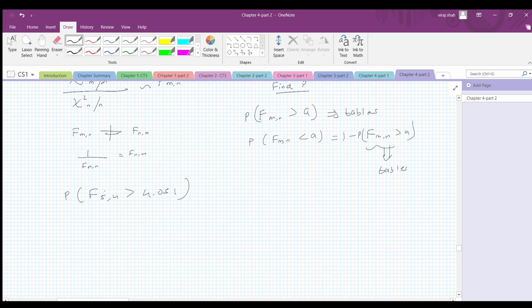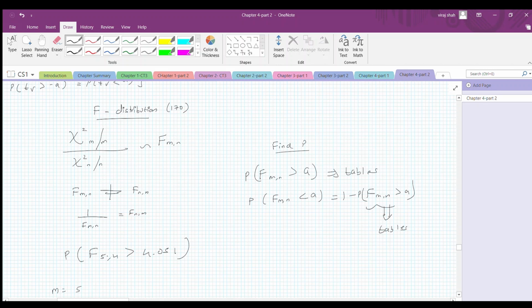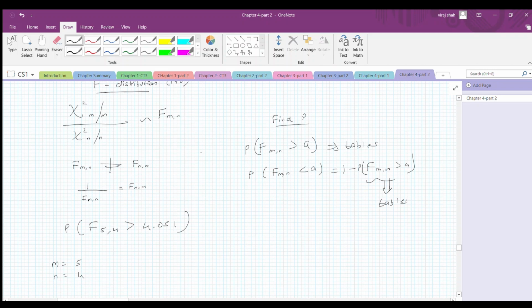Comparing with F(m, n), I can write m as 5 and n as 4. I can even write this as v1 and v2.